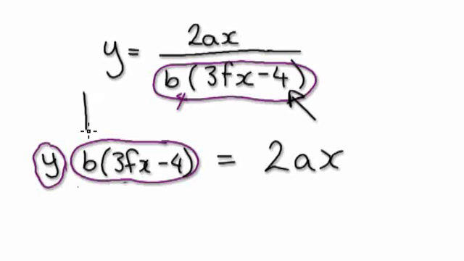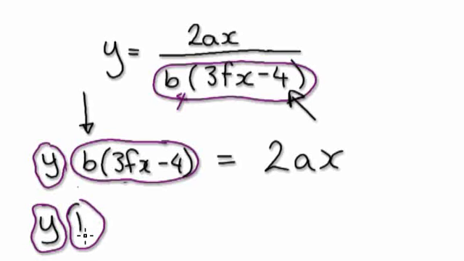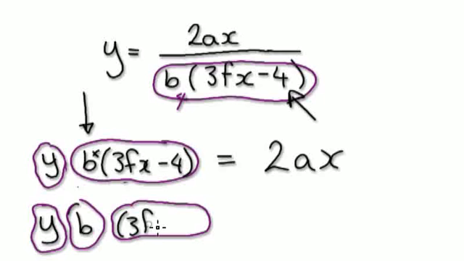2ax. Okay, but if you look at this bubble here, you can visualize it as y being in one bubble times b. Because in effect there's a times there, and then you've got this bubble here, which is bracket 3fx minus 4, equals this.